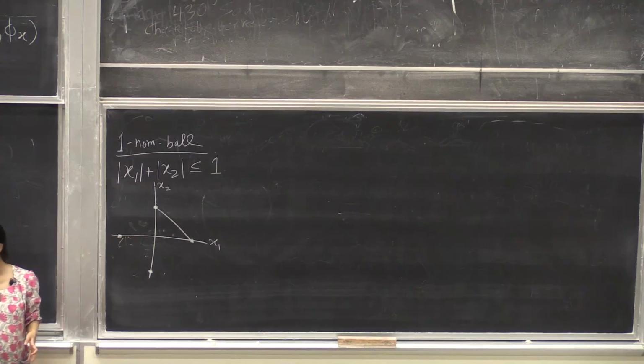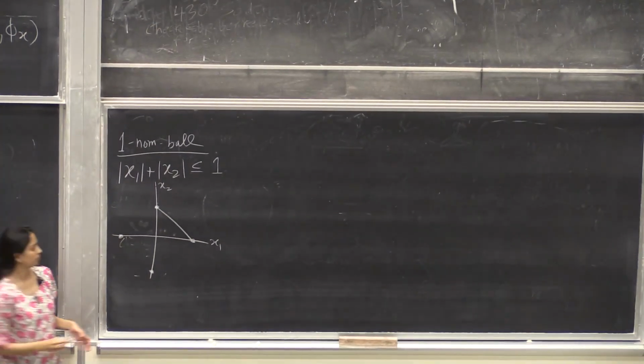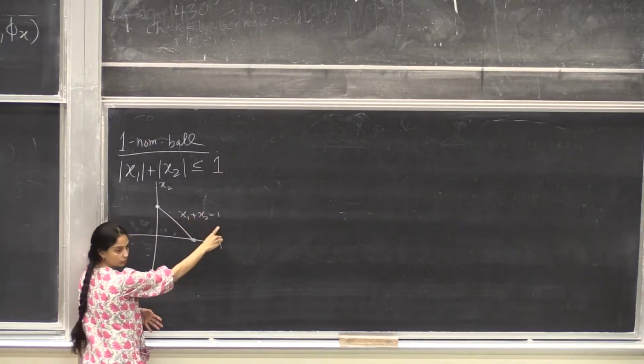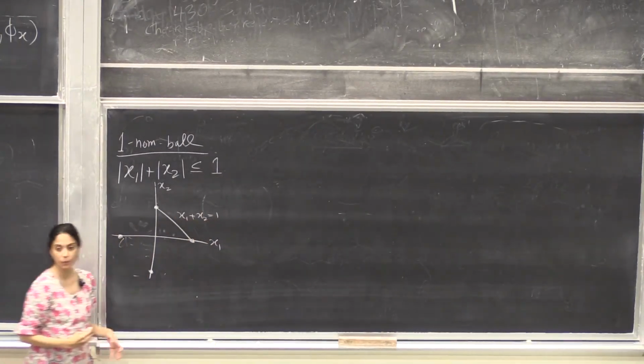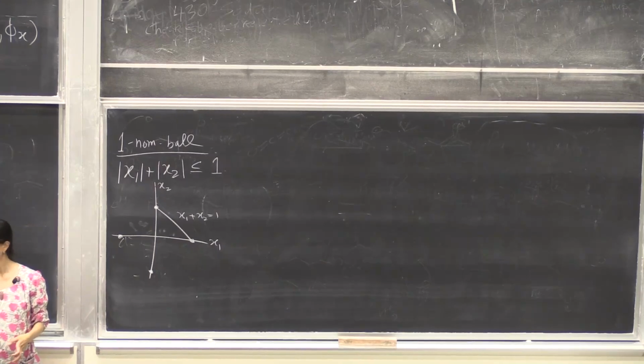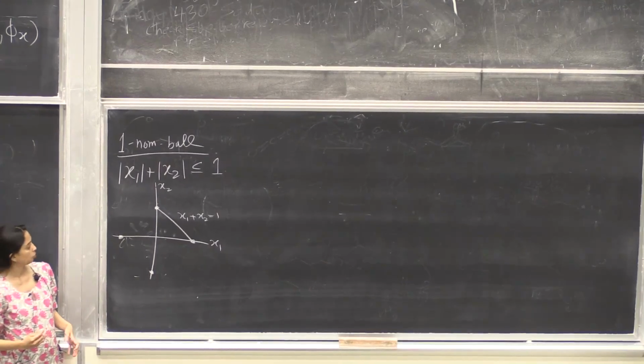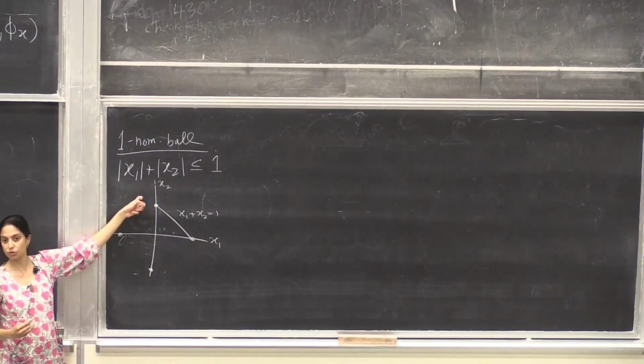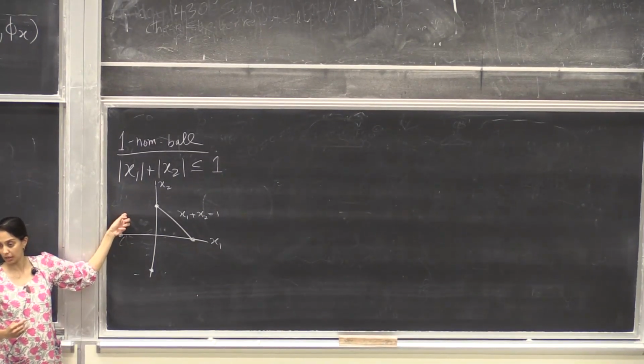This is that line in the first quadrant. This is just x1 plus x2 equal to 1. Anything that's below it is less than or equal to 1. What about in the second quadrant? Now x2 is still going to be positive, but x1 is going to be negative.